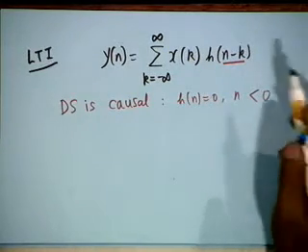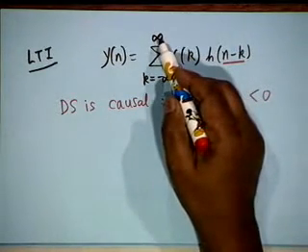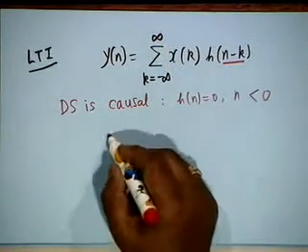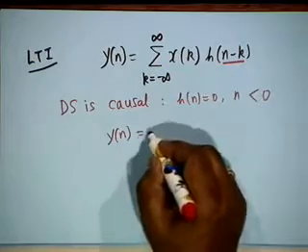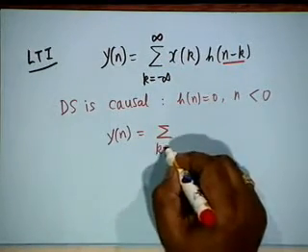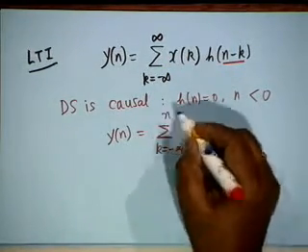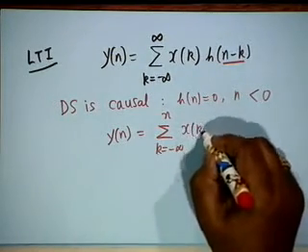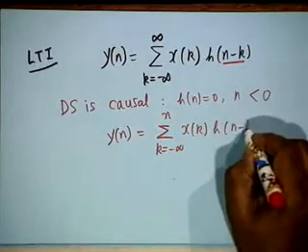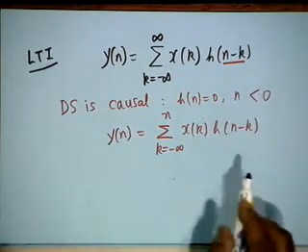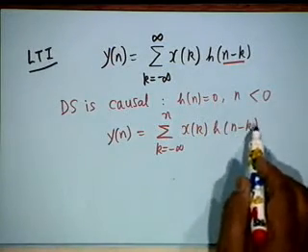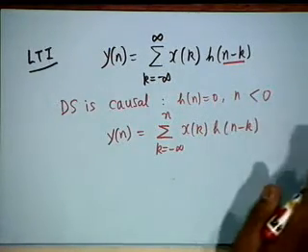Isn't that right? And therefore, the upper limit should be restricted to small n. In the case of a causal system, the convolution summation simplifies to k equal to minus infinity to n, x of k h of n minus k. You understand the logic, the reason. Beyond n, the argument of h becomes negative, which gives 0.